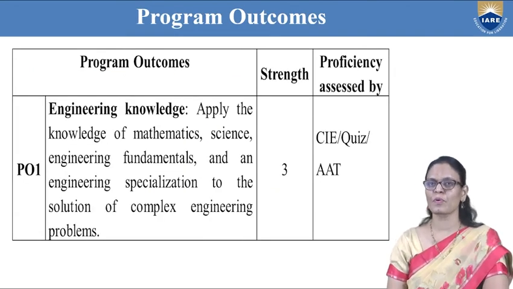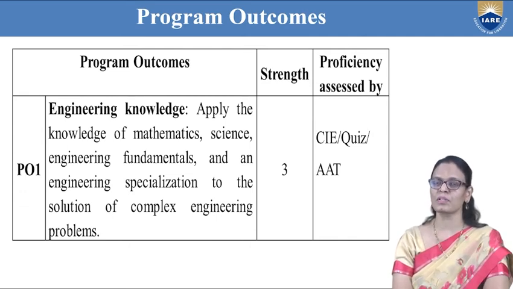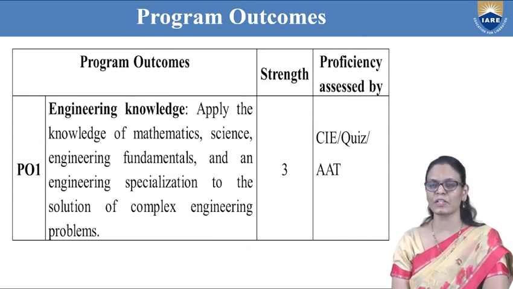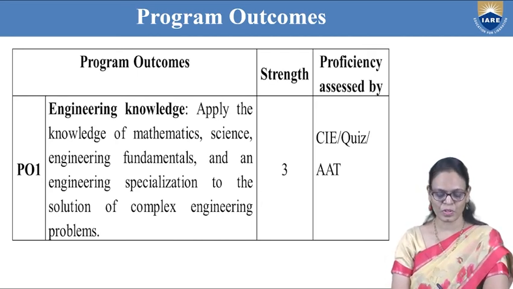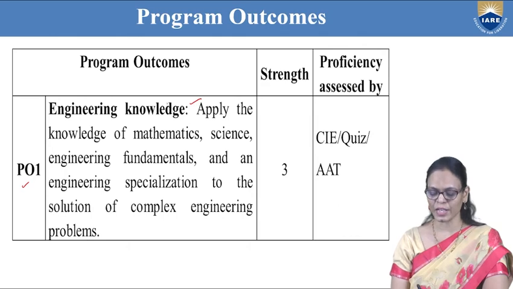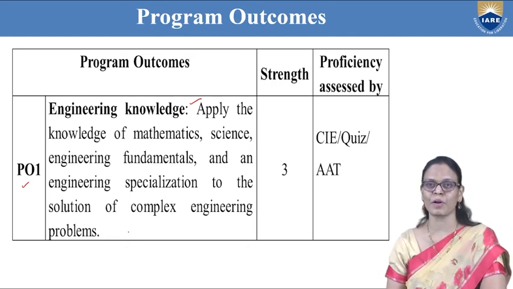Now when it comes to the program outcomes, the course outcomes have to help in achieving the program outcomes. So how are the course outcomes mapped with the program outcomes? The first program outcome is engineering knowledge: apply the knowledge of math, science and engineering fundamentals and engineering specialization to the solution of complex engineering problems.